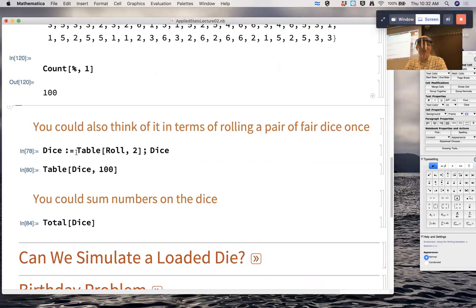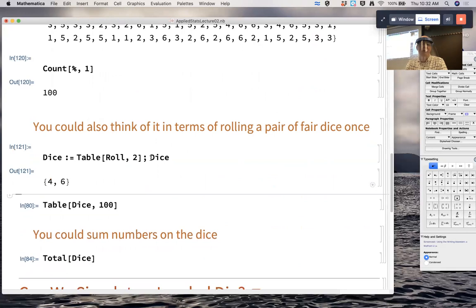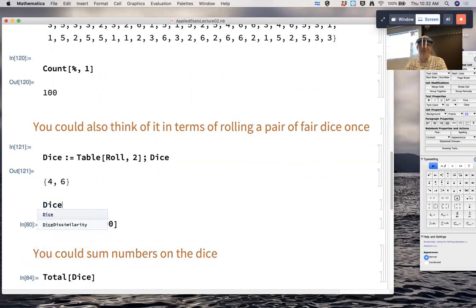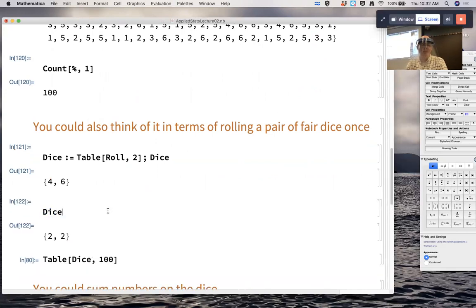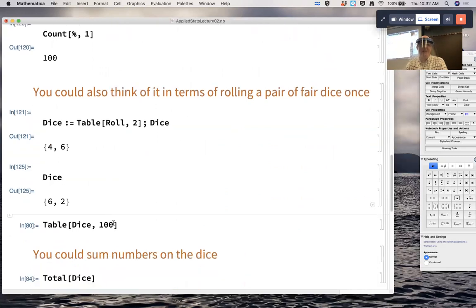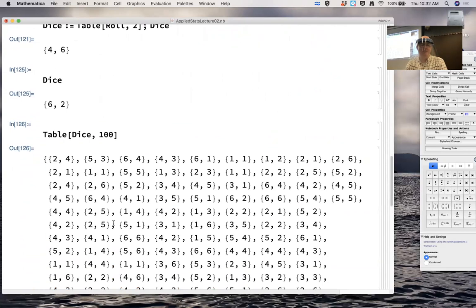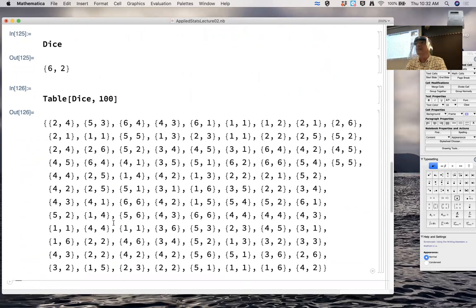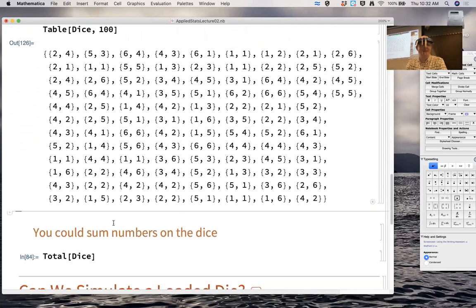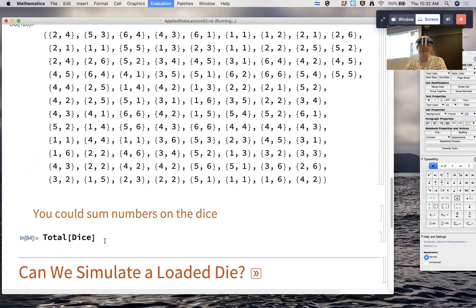If you modify it a little bit and use table combined with roll and a comma 2 there, you can effectively roll 2 dice at a time. And combine with table again, and you can do 100 rolls of 2 dice. You could total up the numbers on the dice.